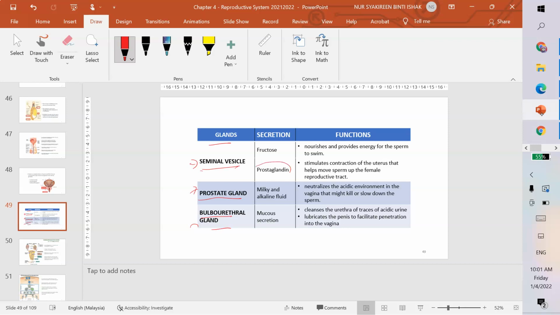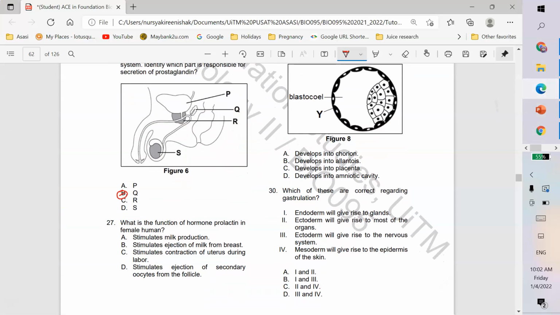So seminal vesicle secretes the prostaglandin to stimulate contraction of the uterus during copulation lah. So glands ni you have to know kat mana location dia, apa secretion yang akan dihasilkan, apa fungsi secretion. So please make sure you know.